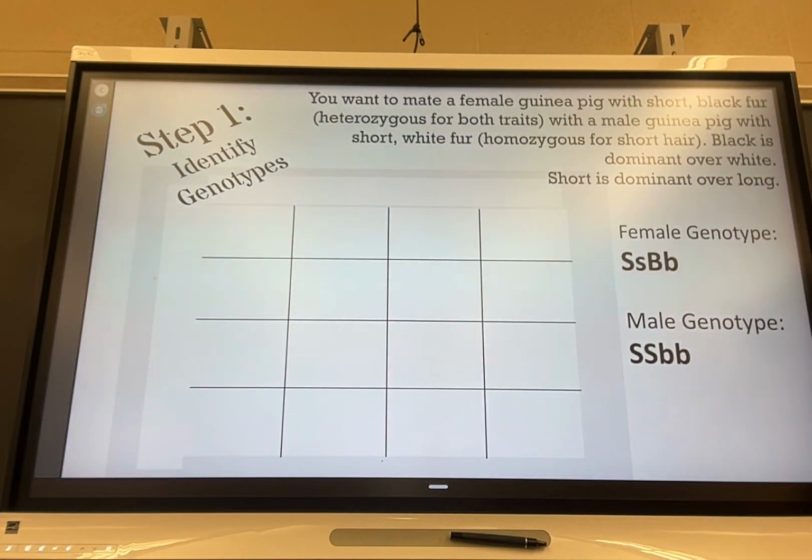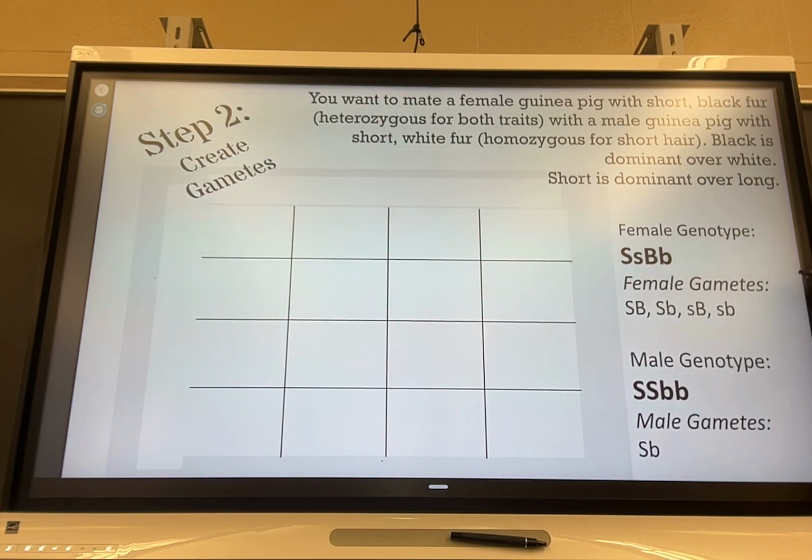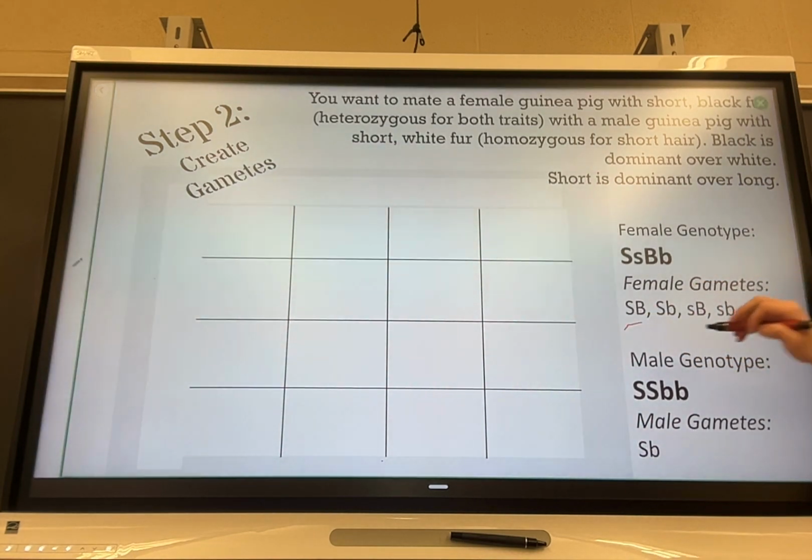So moving this over, using our distributive method, our possible gametes for the female are going to be S1B1, S1B2, S2B1, and S2B2. Our male gametes are all going to be big S, little b, because we only have 2 big S's and 2 little b's.